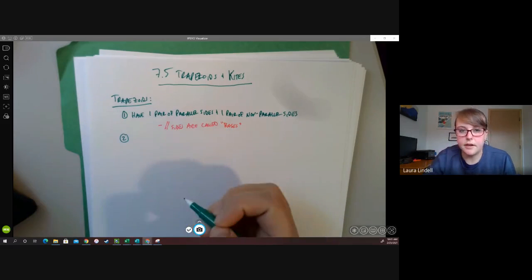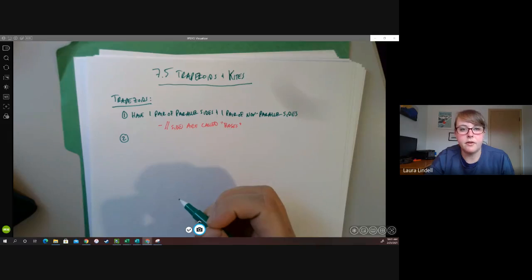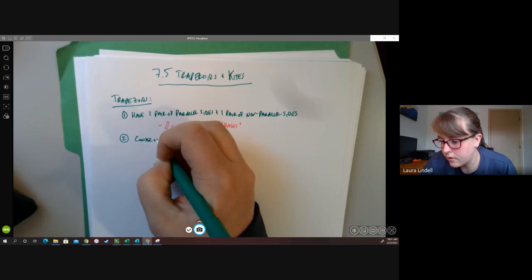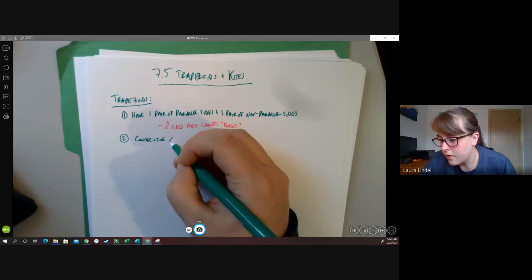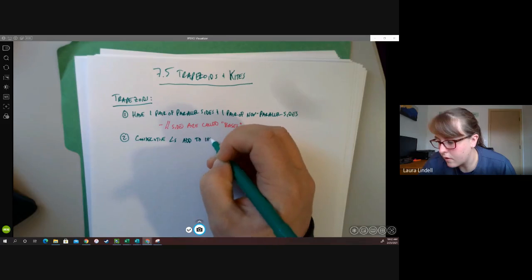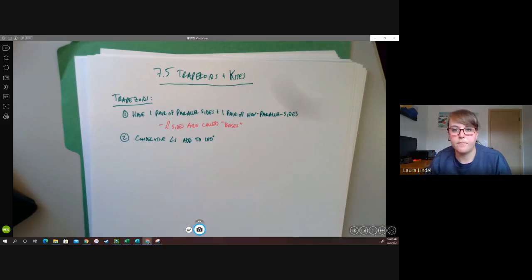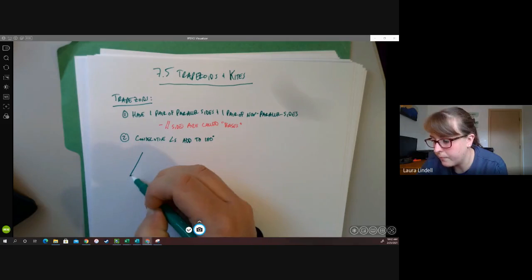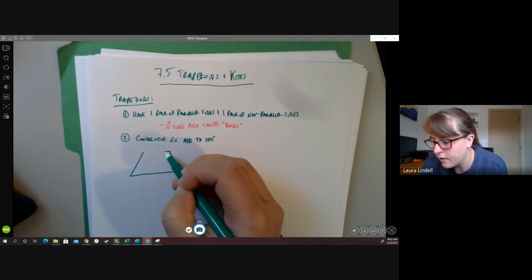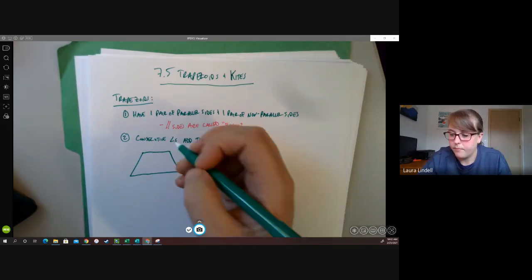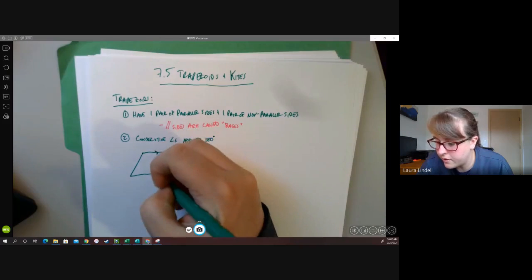Second thing is that consecutive angles off of the bases add to 180. So what we're looking at for a trapezoid is a picture something like that, where we have one set of sides that's parallel.